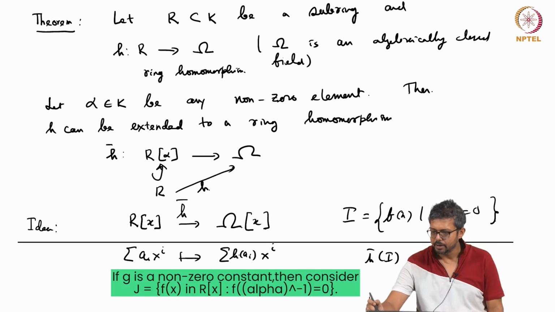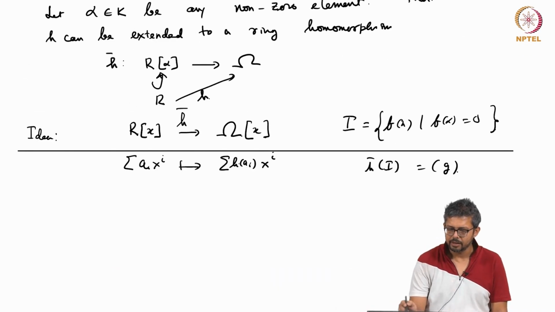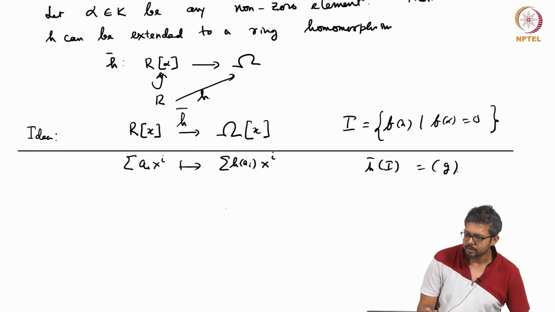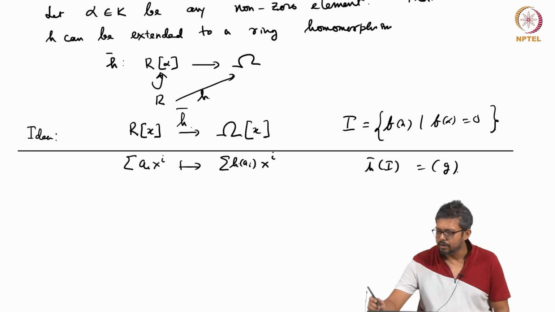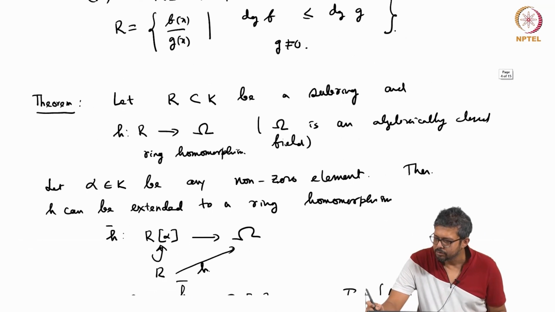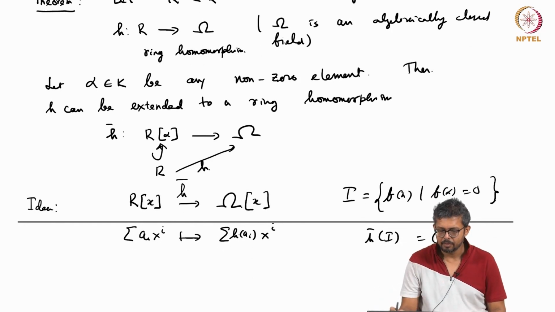This is a very rough idea, and you have to prove many things here, for instance that the map h bar is well defined, that it does not depend on the choices. Just like in the case of fields, where you extend, this is the field extension theorem.